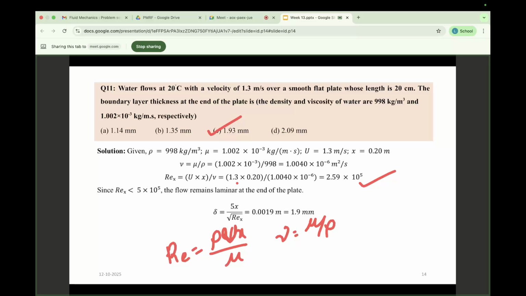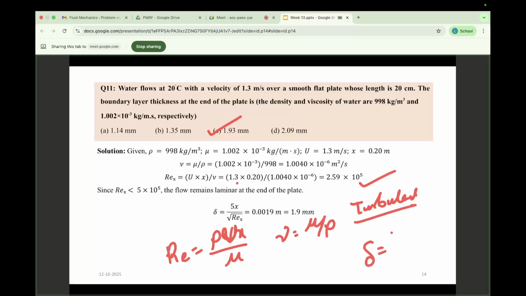So up to this it is clear. Now if this value is more than 5 into 10 to the power 5, that means the flow is turbulent. For turbulent, what is the formula? Also remember this thing.